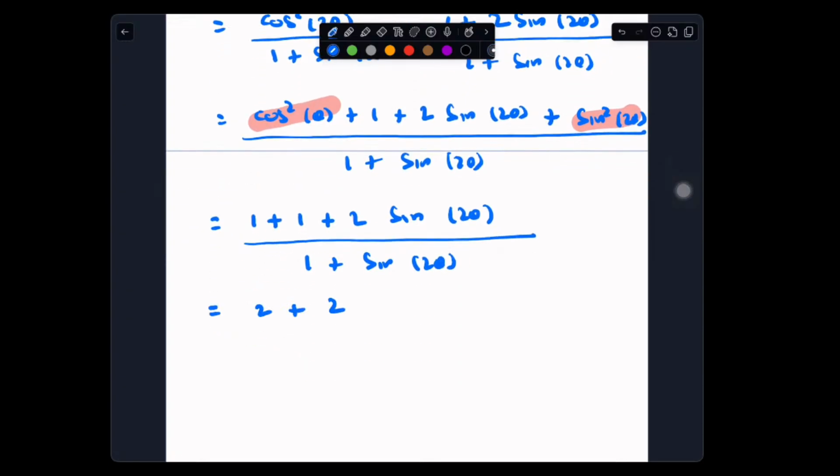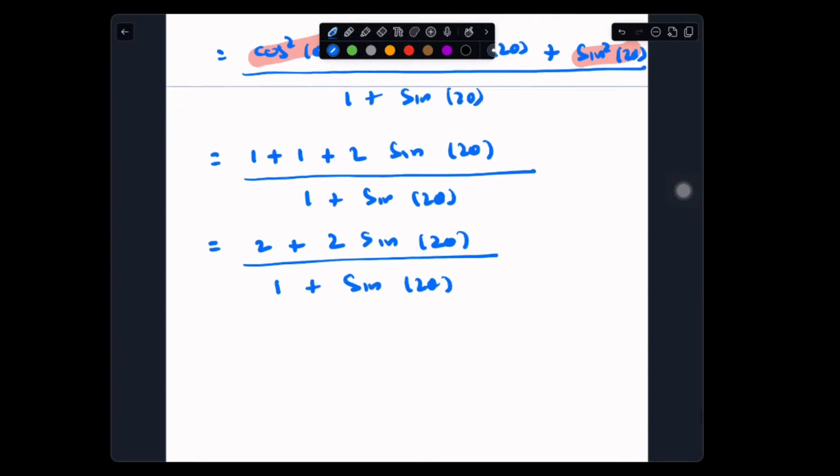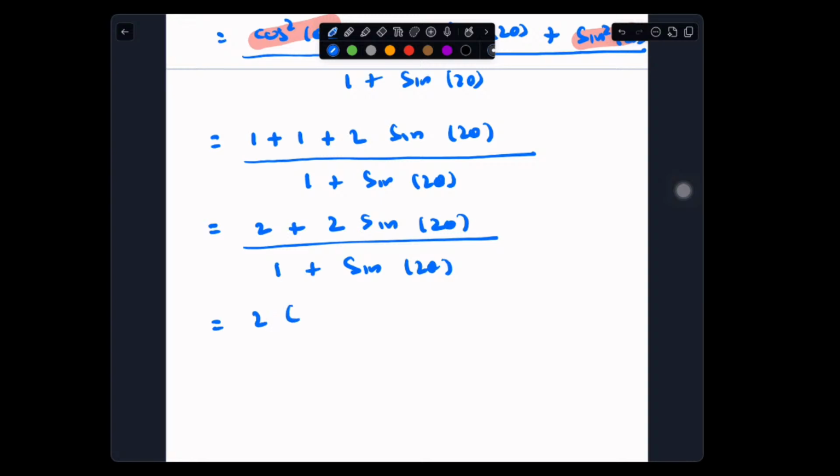Two plus 2 sine double theta over 1 plus sine double theta, and I can factor out the 2. 1 plus sine double theta over 1 plus sine double theta. So our 1 plus sine double theta cancels.